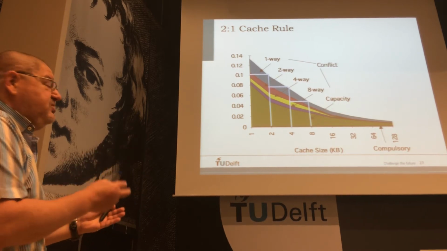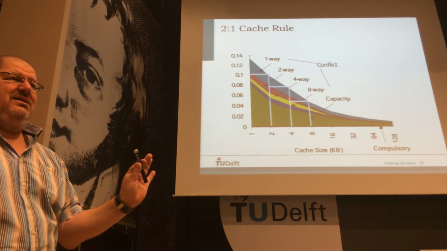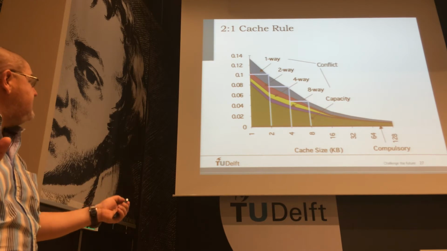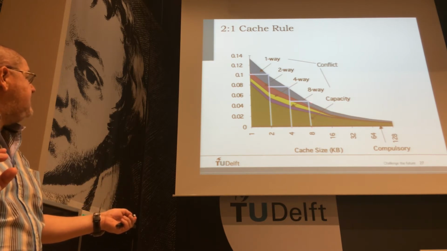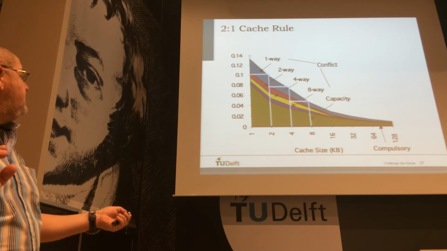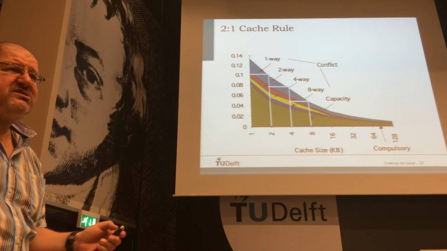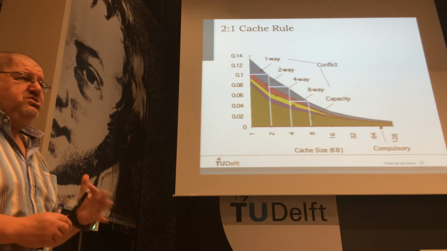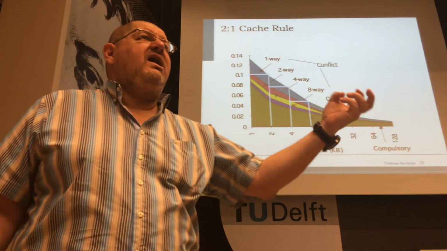Plus or minus, it will give you the same performance. This is what I can read in this diagram. This is 8 kilobyte one way, and two way is kind of this rate. It's an approximation. Most of the time, what I see is that the budget will count the most.